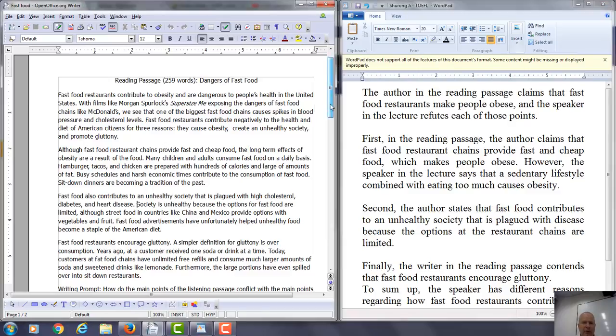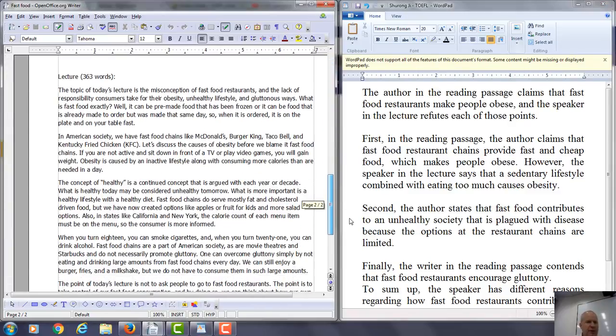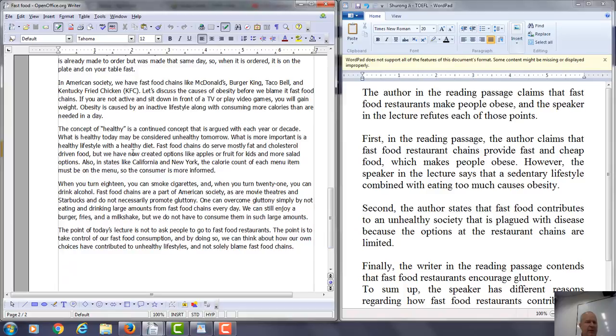Now we have to go to the lecture. It says fast food chains do serve mostly fat and cholesterol-driven foods, but have now created options like apples or fruit and more salad options.